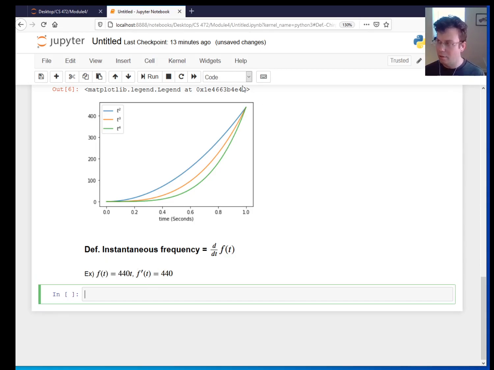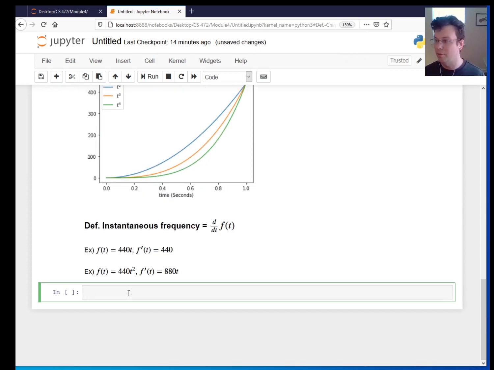But if we switch that up and we go to f of t is 440t squared, well, in that case, we use the power rule for the derivative and we get 880t. So what we see is two things. Number one, this actually grows. The frequency goes up over time. And the other thing is, because of the power rule, we actually brought back down a factor of 2.